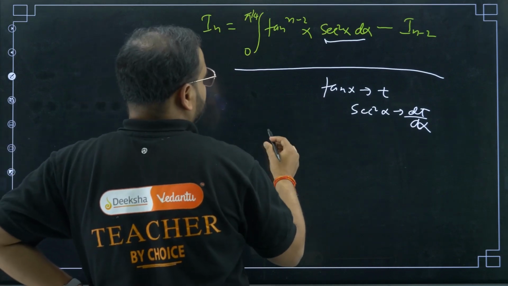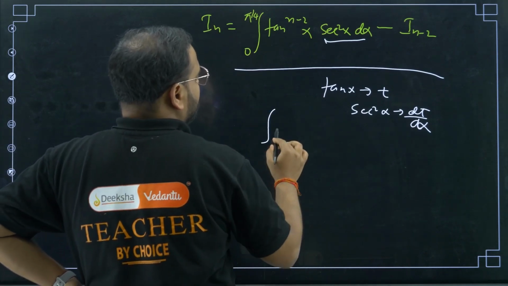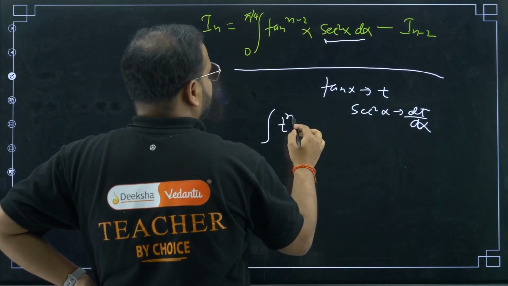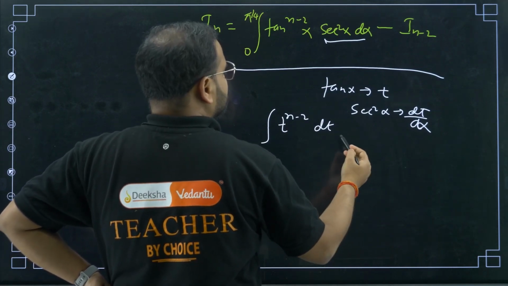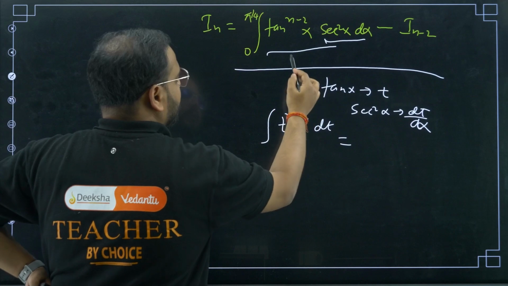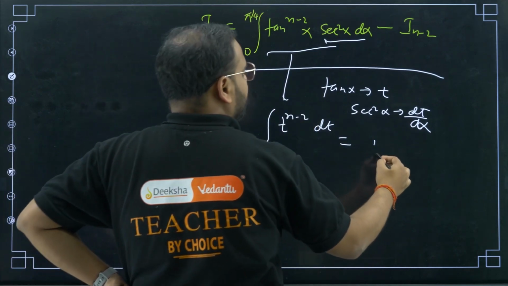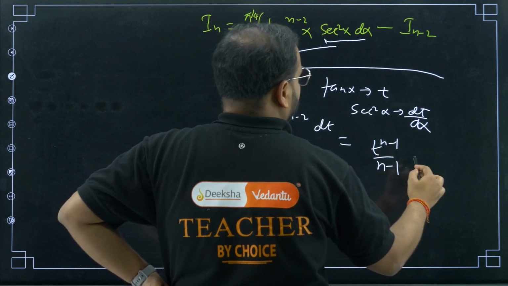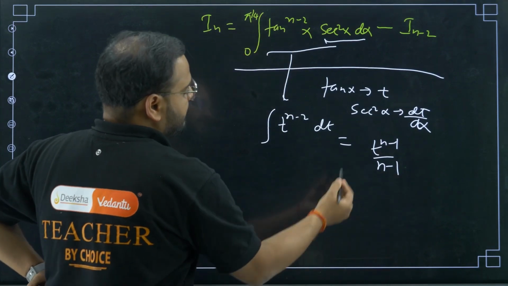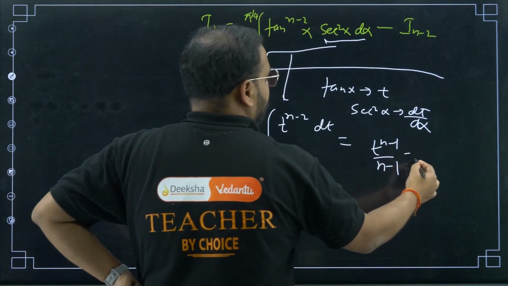So the first integration becomes t to the power n minus 2 dt, and the integral of this part is t to the power n minus 1 by n minus 1. Then I put the value of t, which is tan x.